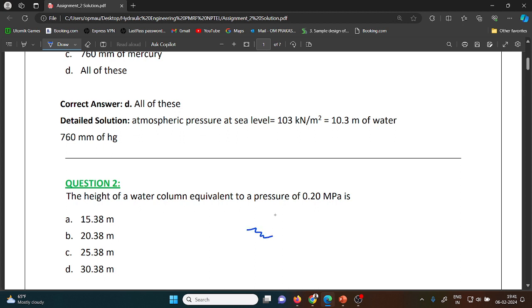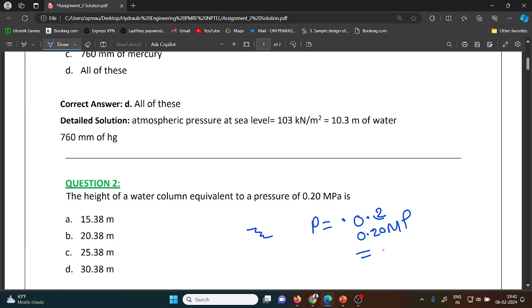Okay, now it is working. 0.20 megapascal.